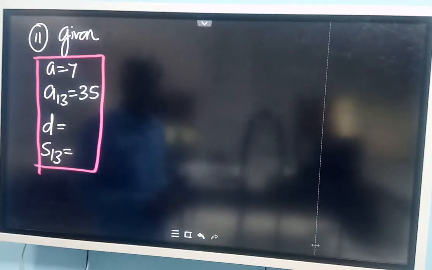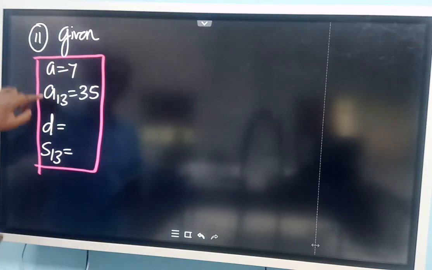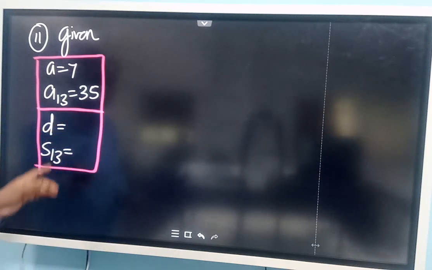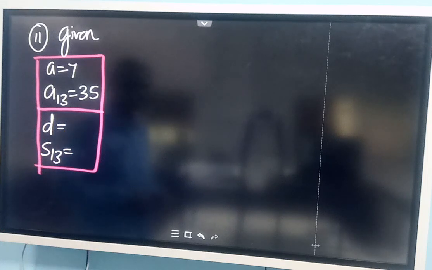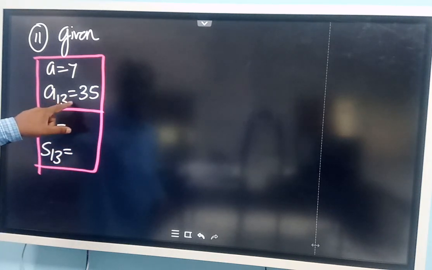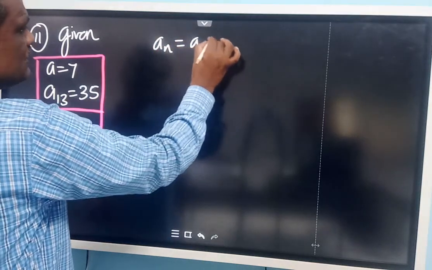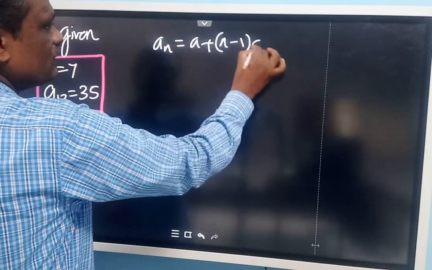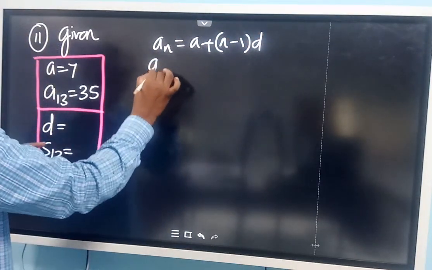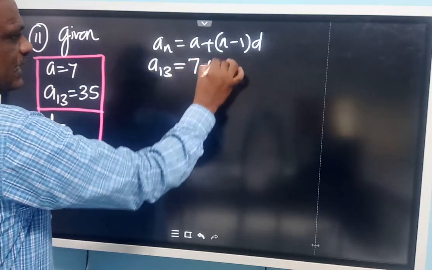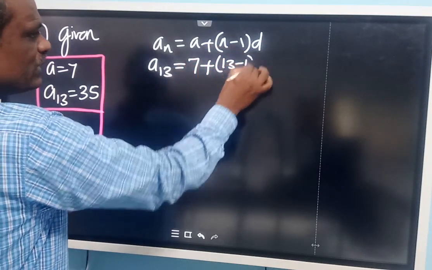So look at this question now. In this question they have given a and a13. We need to calculate d, the common difference, and the sum of the first 13 terms. So let us calculate d. First you can use that an formula: an is equal to a plus n minus 1 into d. So a13 will be equal to the first term, 7, plus n minus 1, that is 13 minus 1, into d.